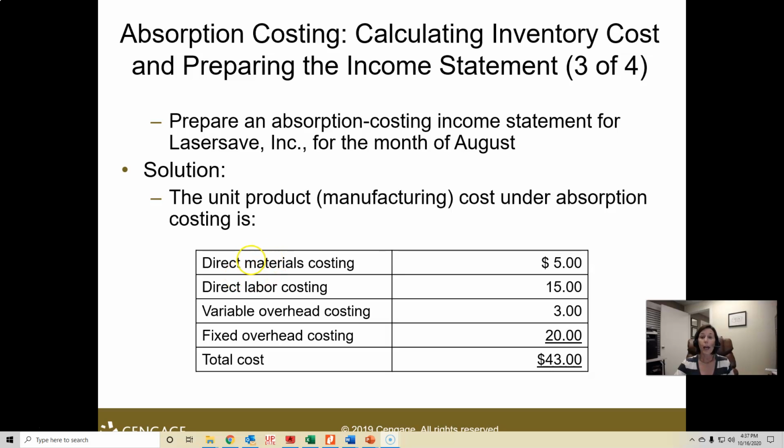So let's look at what our product cost is from a full absorption costing approach. We've got our direct materials, direct labor, variable overhead, and then the $20 of fixed overhead causes us to have a total product cost of $43 per unit.